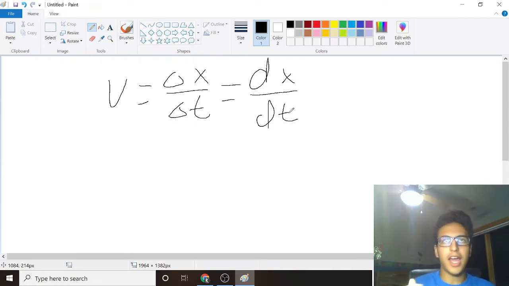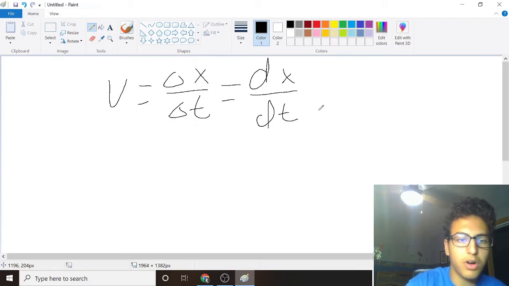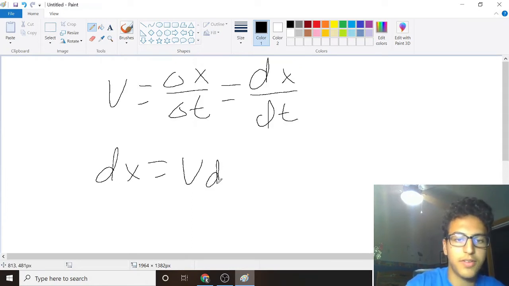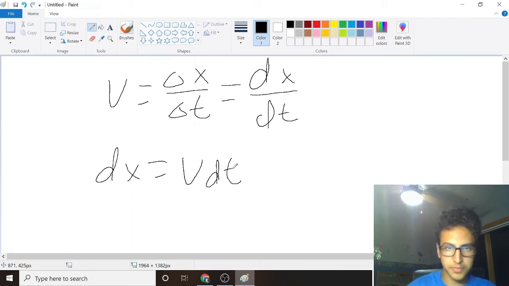It means how much does the displacement change as time changes, but on a very, very, very small scale, to where they're basically changing at the same time. There's a negligible change, a very small change. And so we can work with this equation algebraically, and we can see that a very small change in displacement is equal to a velocity value at a time times the very small change in time.